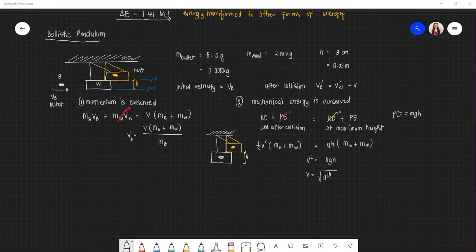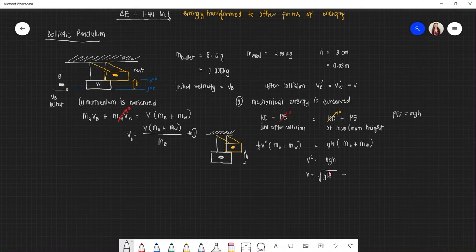Okay, so this is another equation. This is now the final velocity. We don't know the final velocity yet. So supposing this is equation number 1, when we solve for the momentum, momentum is conserved.